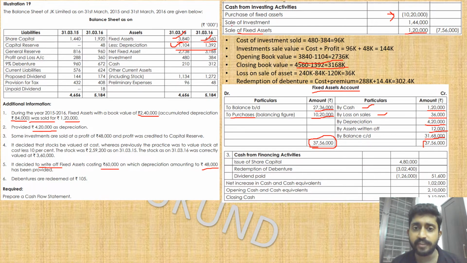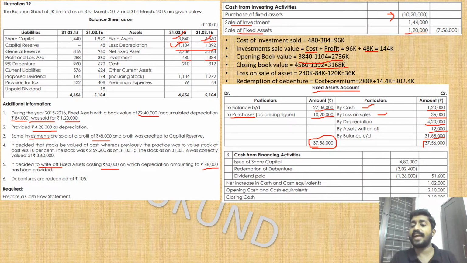Next, sale of investment. Here they have given one detail, investments are sold at a profit of 48,000. So what is the sale value? It is the cost plus profit. Profit is given as 48,000, and here you can see investment 4 lakh 80,000 has gone down to 3 lakh 84,000.